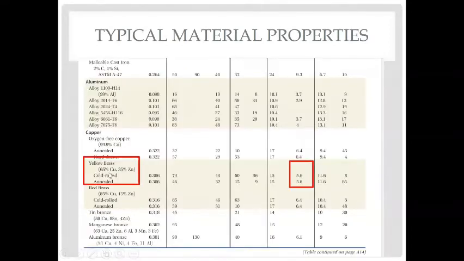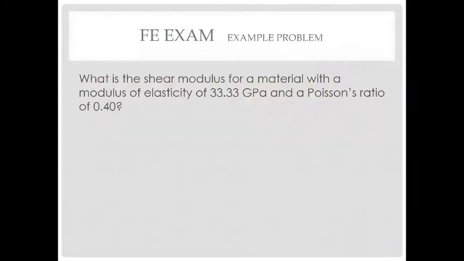And for brass, it's 5.6 times 10 to the 6 psi. So as you can see, steel has twice as much in magnitude as far as modulus of rigidity goes, right? 5.6 here to 11.2 for steel.